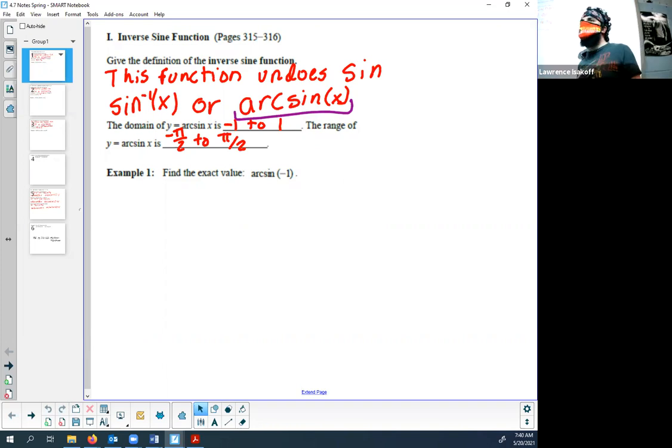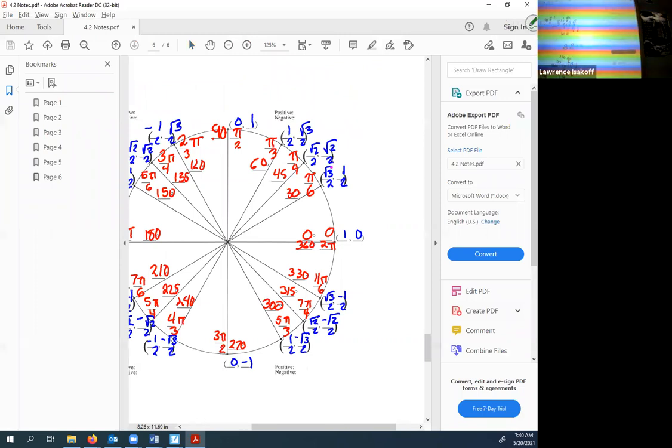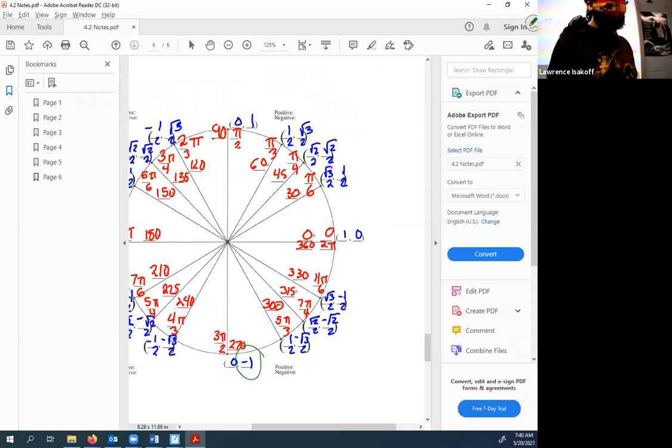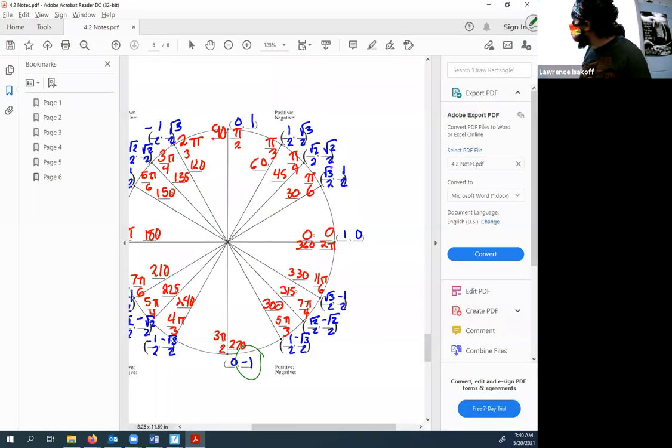So here they want the exact value of the arc sine of -1. When I look, I see -1 listed as a y value on the unit circle. That's at 3 pi over 2. However, when we look at where arc sine is defined, 3 pi over 2 is not in there.